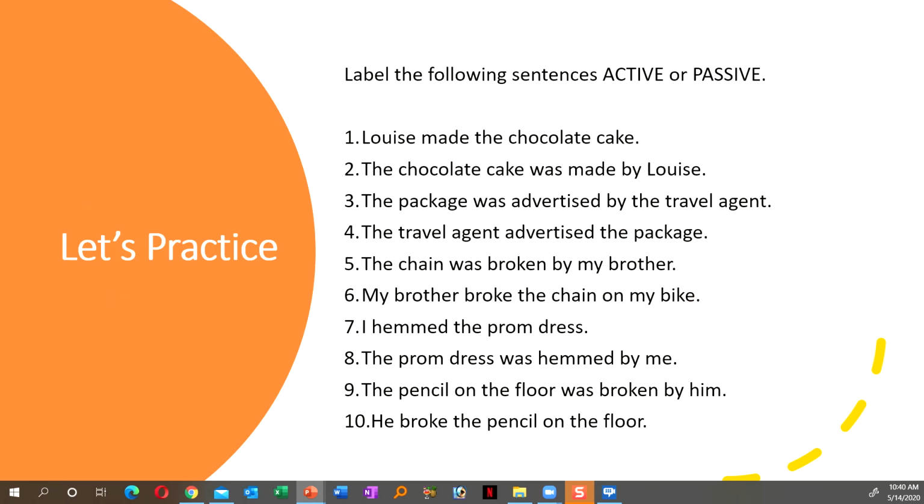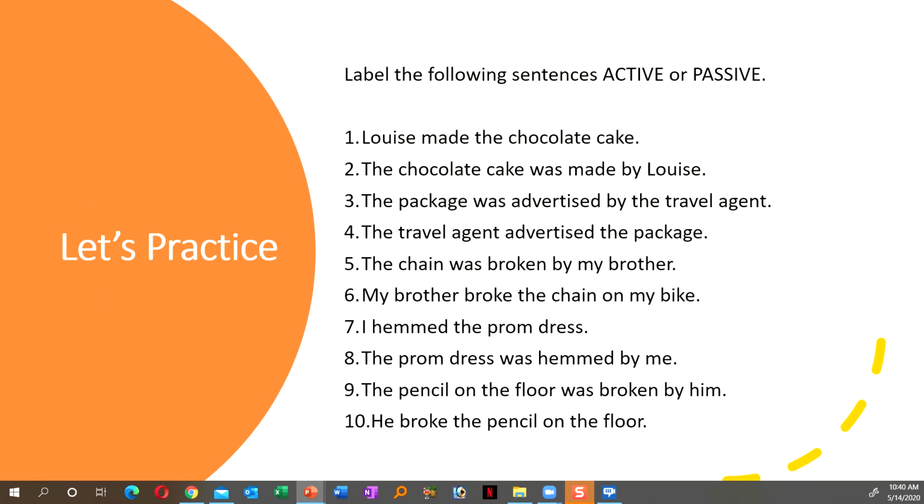That is passive. The package was advertised by the travel agent. That is passive. The travel agent advertised the package. That's active. The chain was broken by my brother. Passive. My brother broke the chain on my bike.